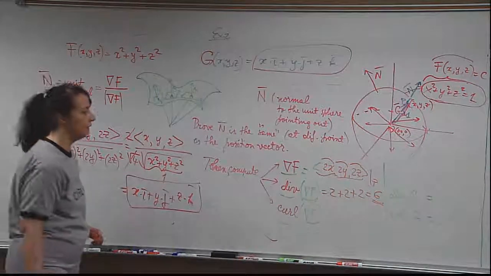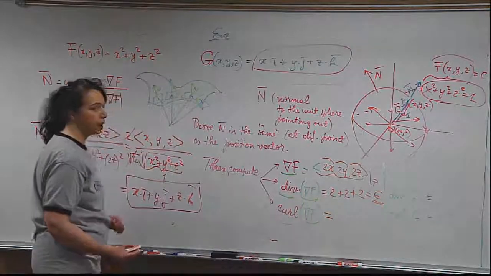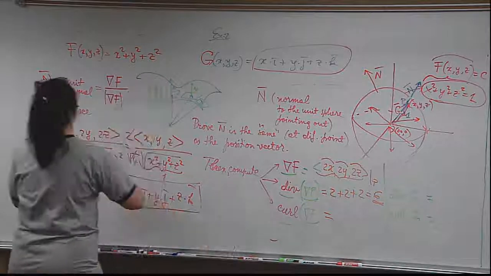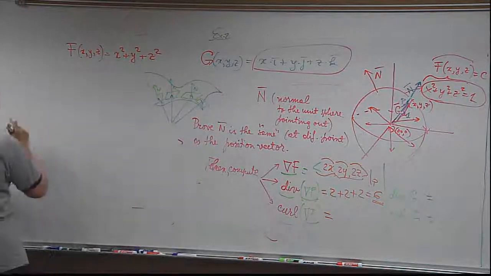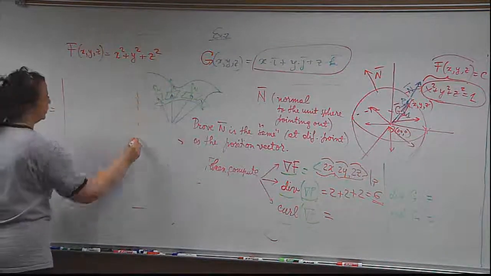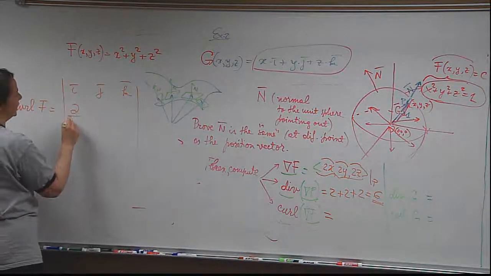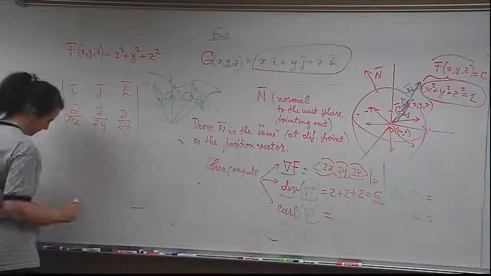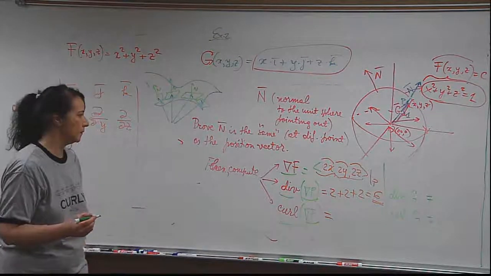And curl of gradient of f. Is that hard? No, but we have to know the definition, and without looking at the t-shirt, how do we do that? Curl it. Determinant: i, j, k, operators d/dx, d/dy, d/dz, and it's 2x, 2y, 2z, correct?